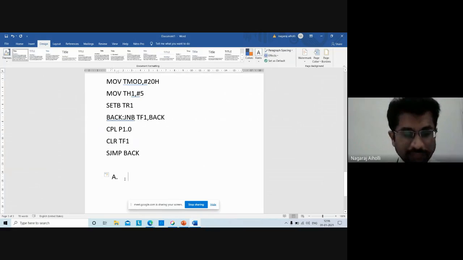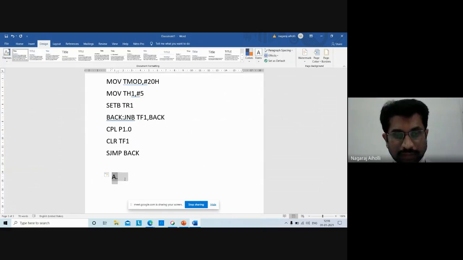So what is the maximum value here for the timer in mode 2? Can anybody tell me? Yes, Nandish, what is the maximum value?